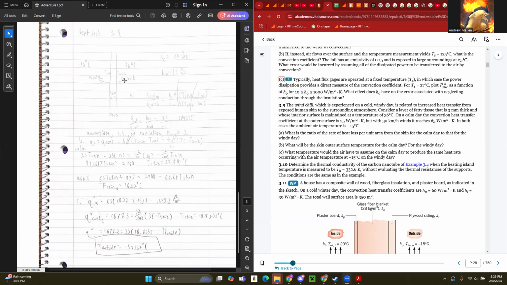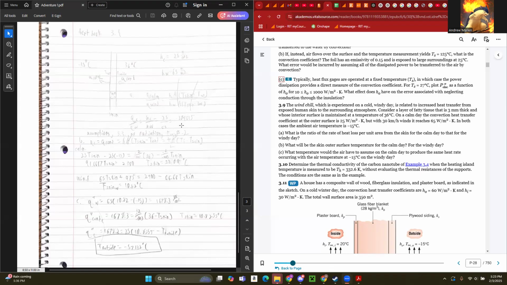We don't know T skin, but that doesn't matter, since for the sake of it we're going to assume that the temperature of the skin is equal on the calm and windy days. So we are just going to be looking at the ratio of the convection coefficients.